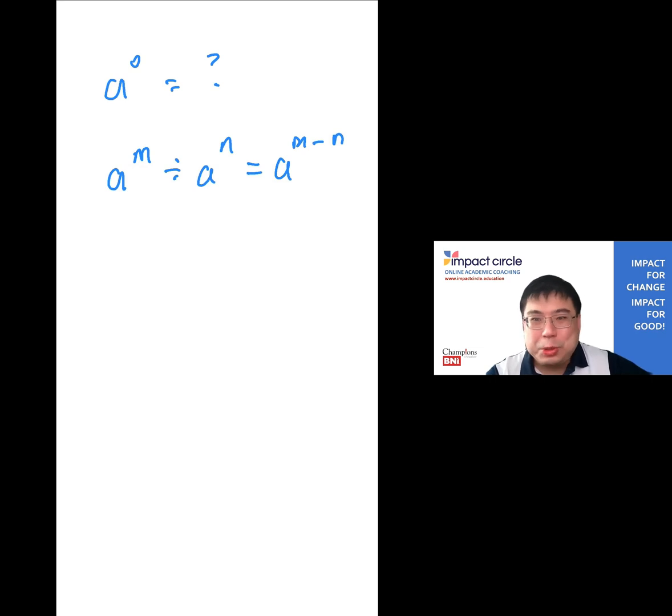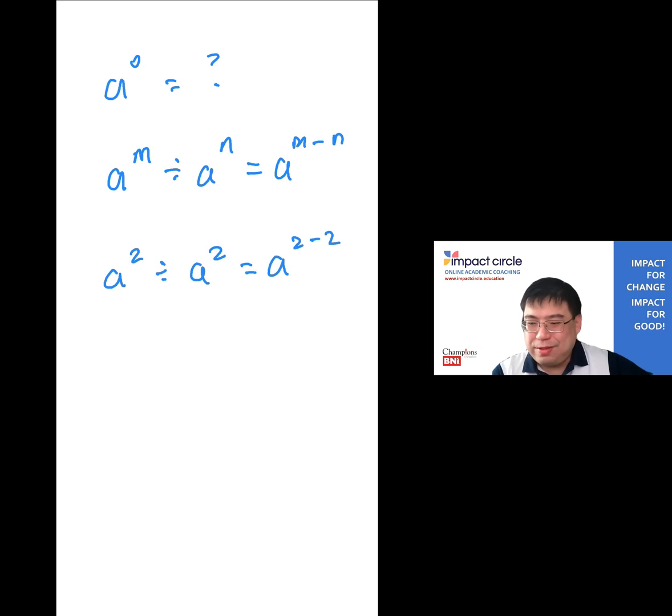Let's just choose a general value, and let's choose both to be 2. So we have a squared divided by a squared equals a to the 2 minus 2.